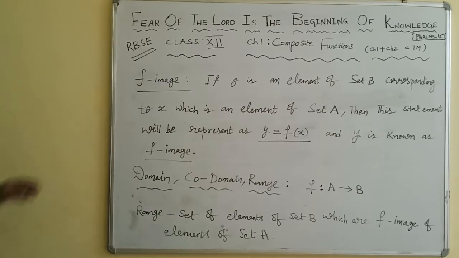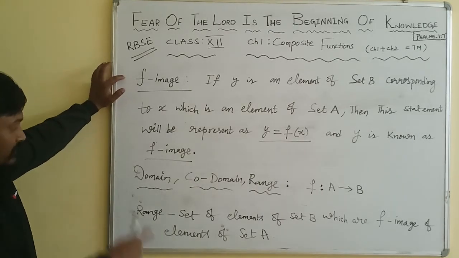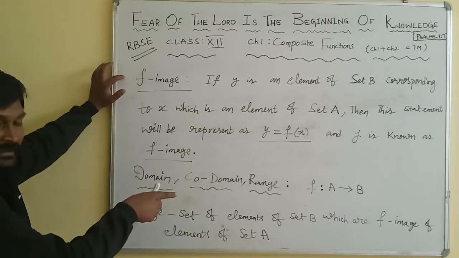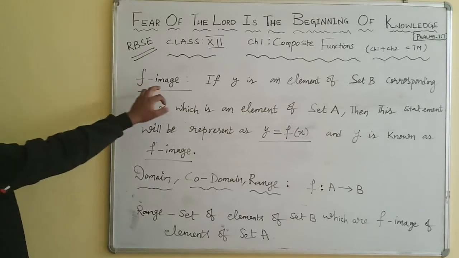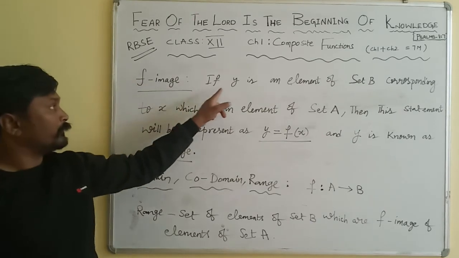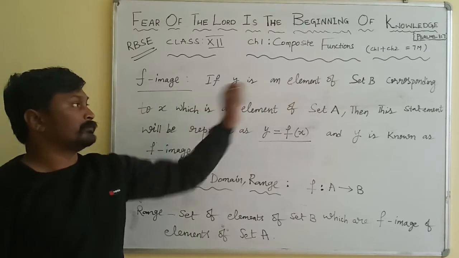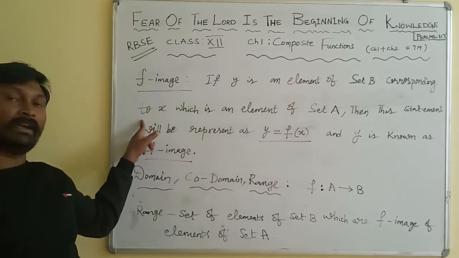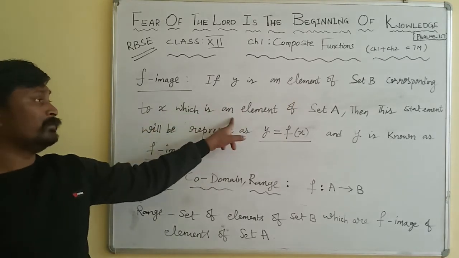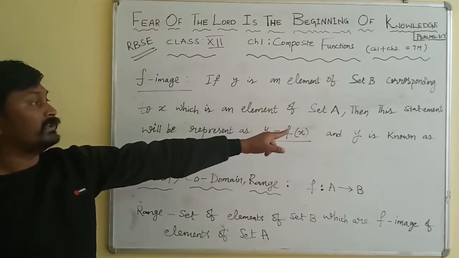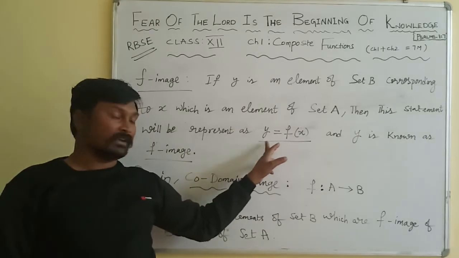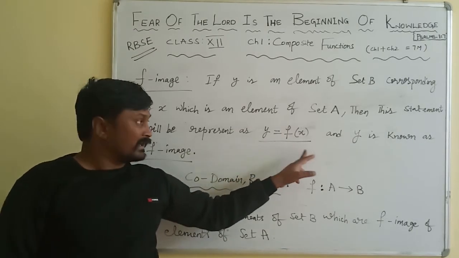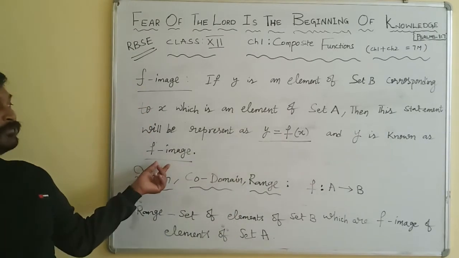Now we are going to discuss what is F image, what is domain, codomain and range, which we discussed in your class 11. What is F image? If Y is an element of set B corresponding to X, which is an element of set A, then this statement will be represented as Y is equal to F of X, and Y is known as F image.